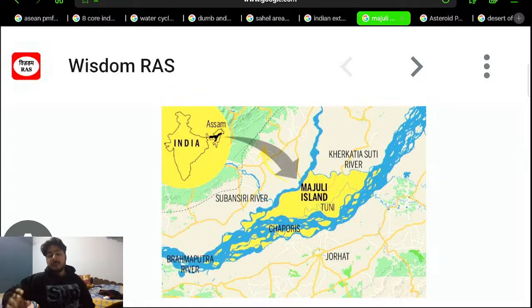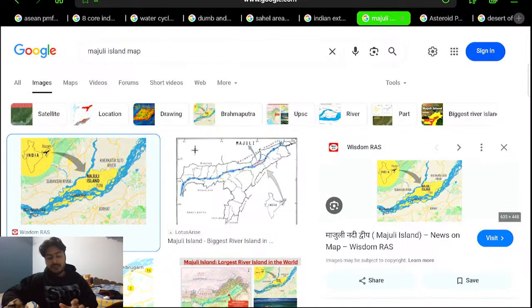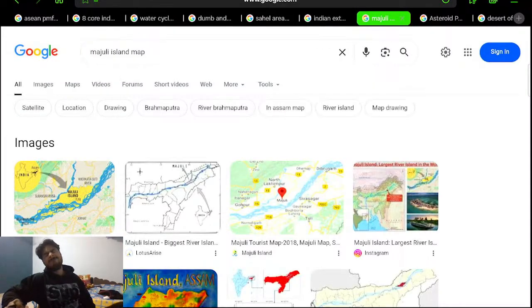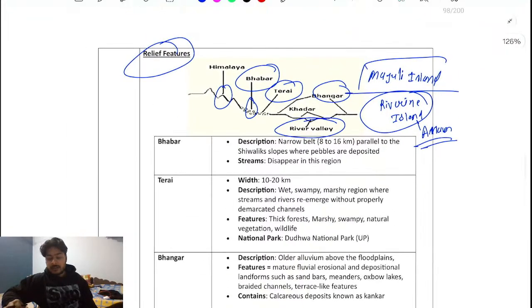So that is India's first riverine island, Majuli Island. It also got a status, which was mentioned briefly for city and district, from that local municipality.